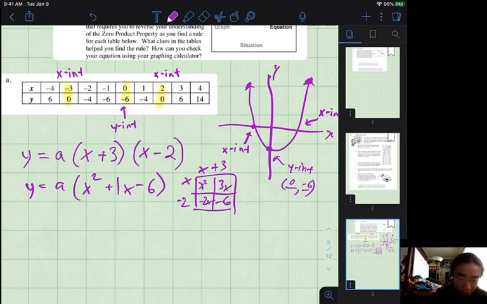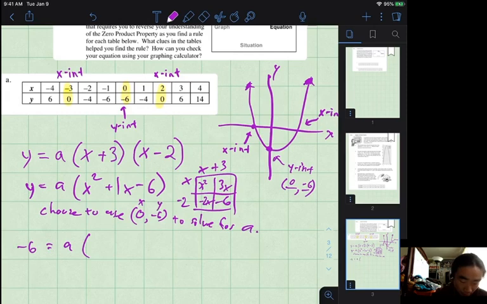For here, we'll pick a point. Any particular points speak to you? No? Well then, we can choose to use, let's say, (0, -6) to solve for a. So that's your x, that's your y. -6 equals a times 0 squared plus 1 times 0 minus 6.